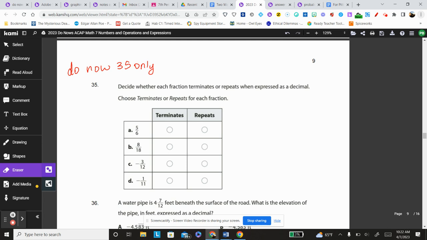You cannot use calculators on this phone. Zane, you're not doing bell work. That's for my 8th grade. Zane, you're supposed to be doing bell work, love.